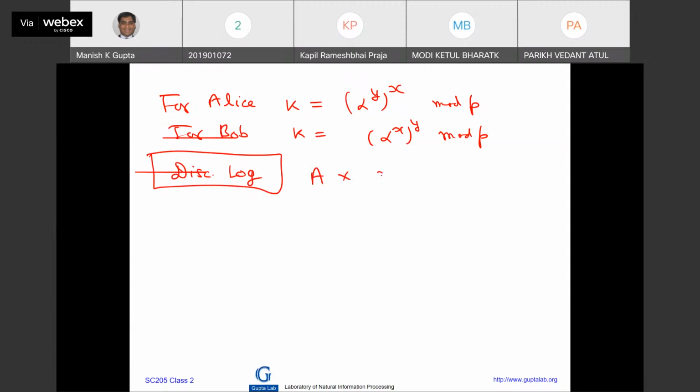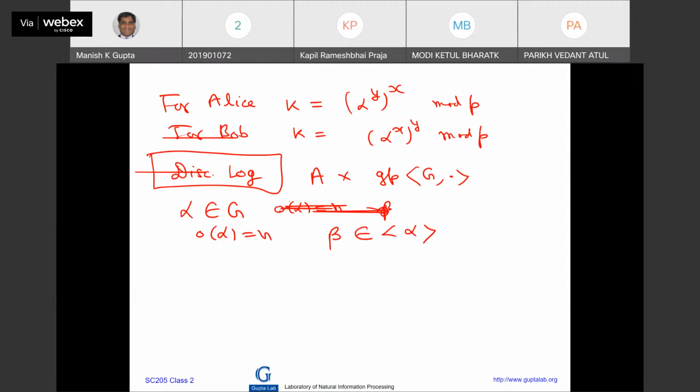A multiplicative group G is given to you, suppose, and alpha is an element in this group, and the order of alpha is n. Suppose beta is a member of the cyclic group generated by alpha, which consists of the powers of alpha.